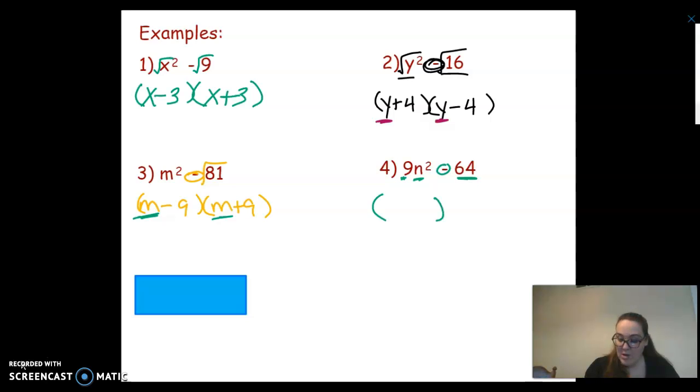So the big question now is, what is the square root of 9n squared? Well, 3n, so both terms must have a 3n. The square root of 64 is 8. So I'm going to put a minus in one and a plus in the other, and there's my answer.